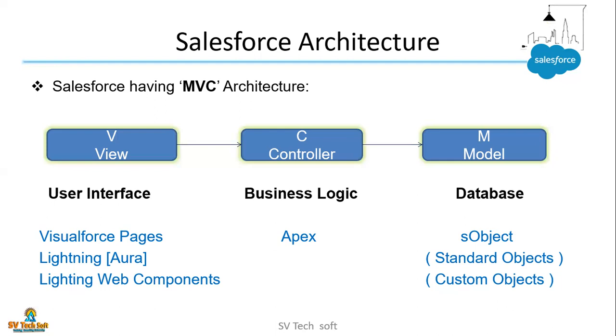Salesforce by default provides some standard objects because they are all related to Salesforce CRM, like account, contact, opportunity, lead, campaign, case, opportunity line item, and user. Custom objects are those where, as per the client requirement, we create the data model structure on our own.